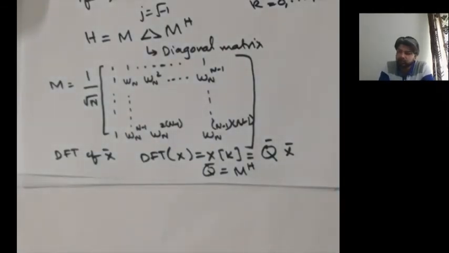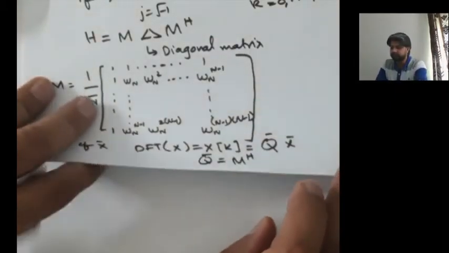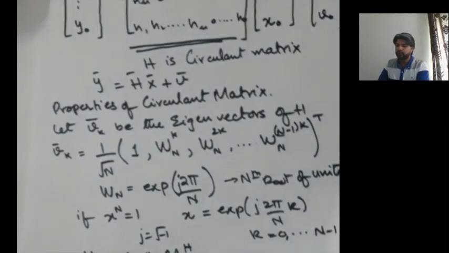So you need to take the complex conjugate of all of these, and if you take the complex conjugate of e to the power j 2 pi by n, that would be equal to e to the power minus j 2 pi by n. So this Q matrix would allow you to take the discrete Fourier transform.